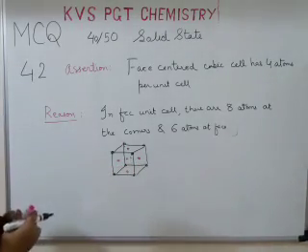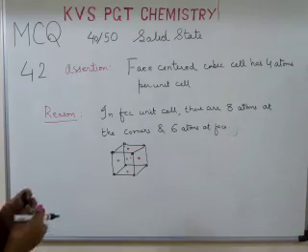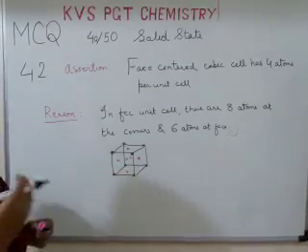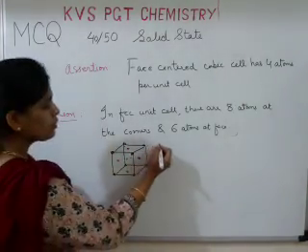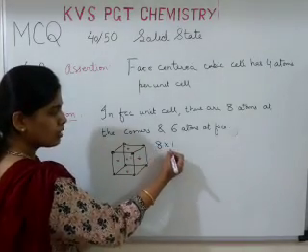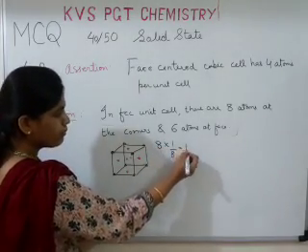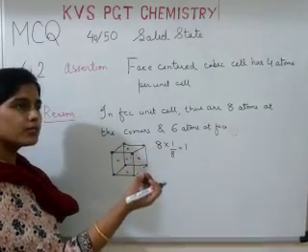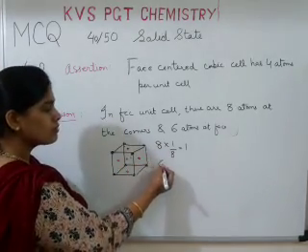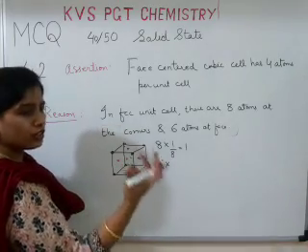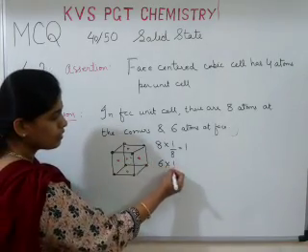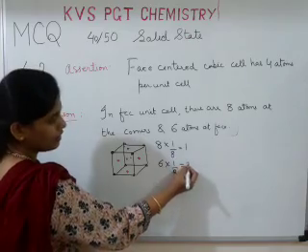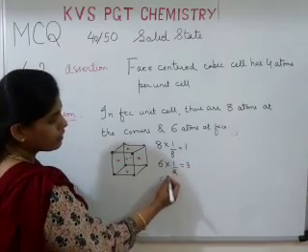Now let us check their contribution. The 8 atoms at the corners contribute 8 into 1 upon 8, and you get 1. There are 6 faces, so there are a total of 6 atoms in 6 faces, and each contributes half to the cell. So 6 multiplied by half gives 3. And when you sum up, you get 4.